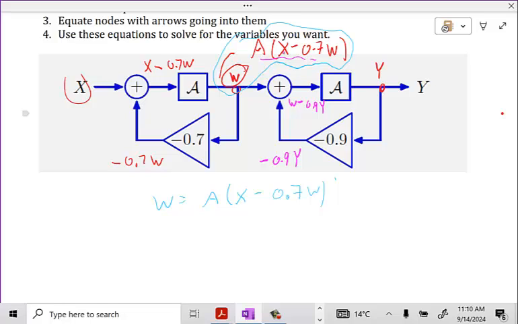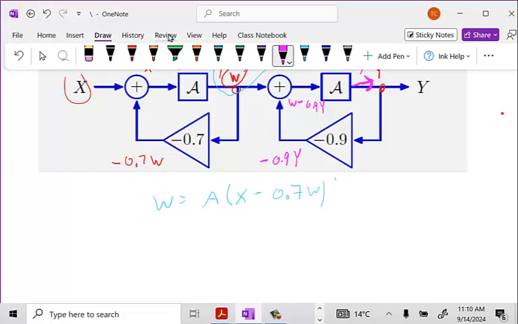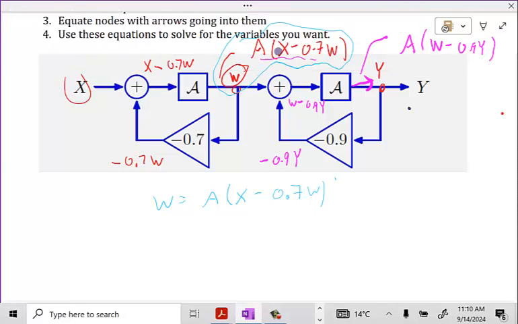And this is A times W minus 0.9y. And that output arrow there is equal to y. So these two are equal, and that gives me another equation. Let me circle that in purple, and I'll have my purple equation here.